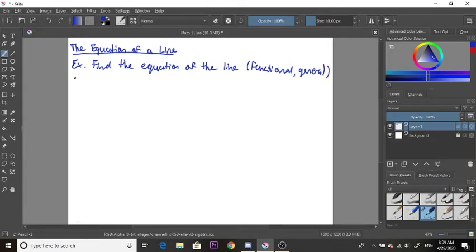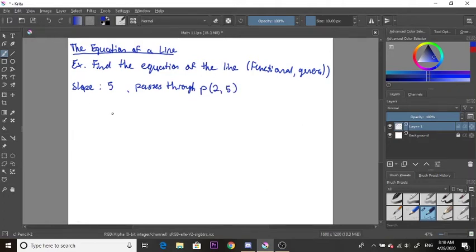So let's say that we've been given slope is 5 and it passes through point 2 and 5.